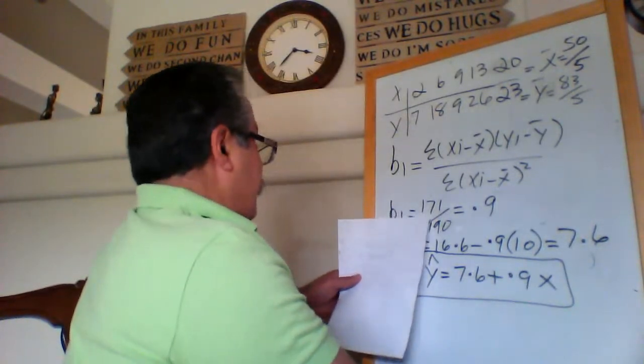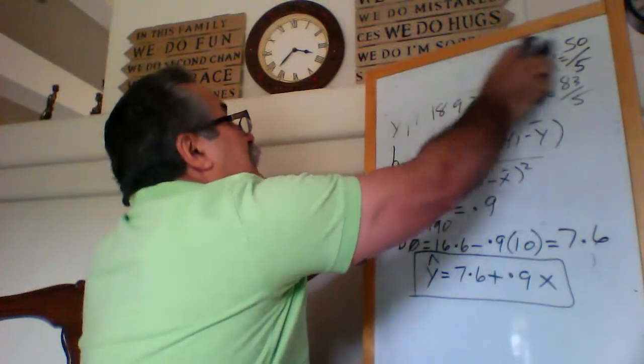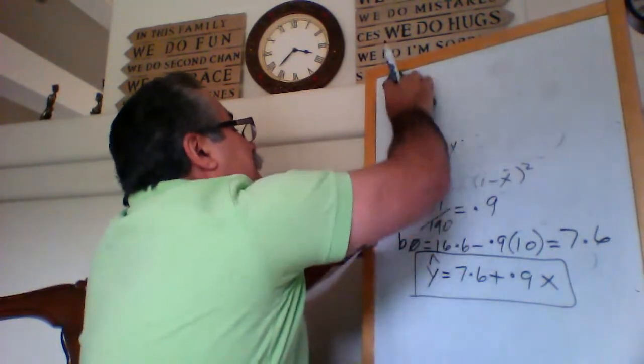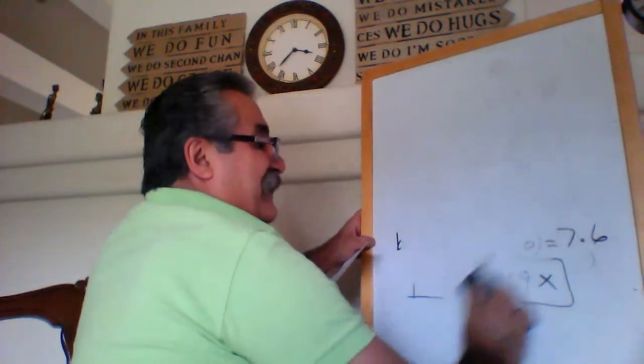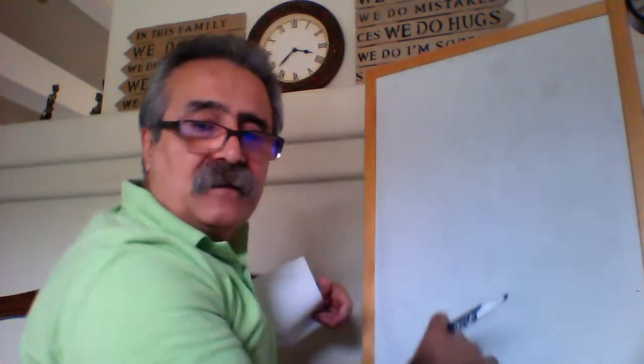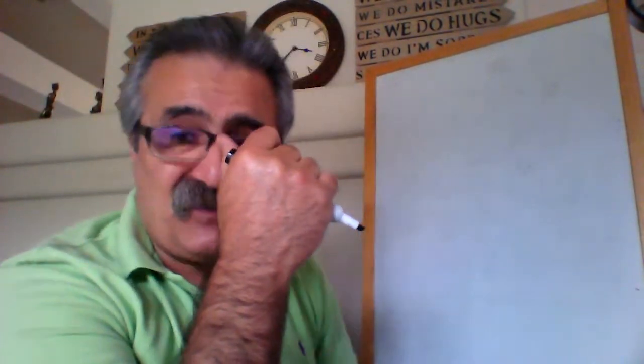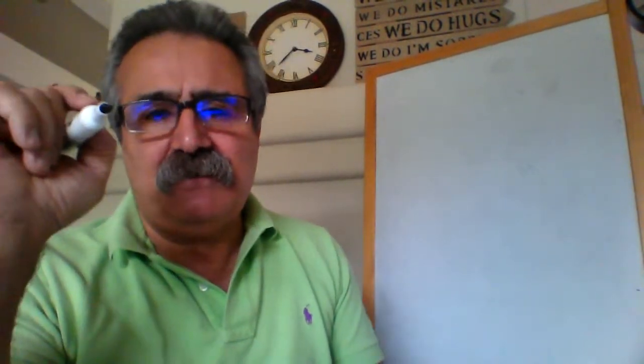With least square method, in order to calculate the coefficient of correlation, which shows how strong the relationship is, and also in order to find the coefficient of determination, there is a method called least square criterion or least square method.